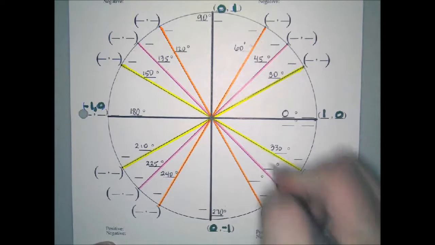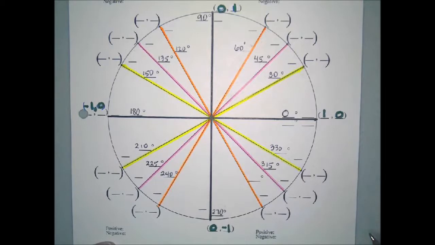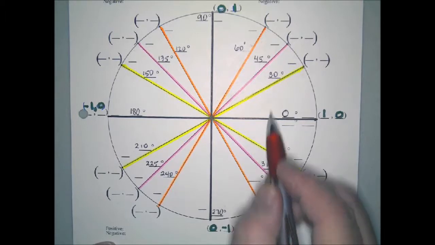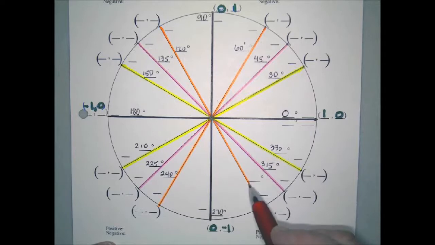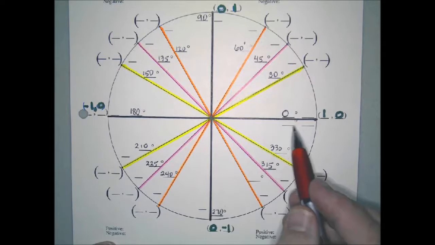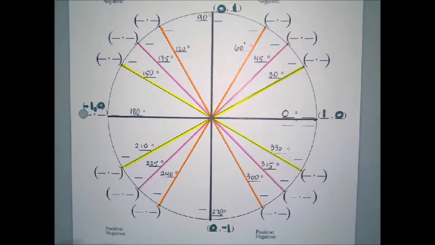So that's 315 degrees. This one, again, think of going all the way around, which is 360 degrees, but we didn't make it all the way around. We only made it to right here, which is 60 degrees short of 360. So this would be a 300-degree angle. So now we've filled out all the angles in the unit circle that are measured in degrees.